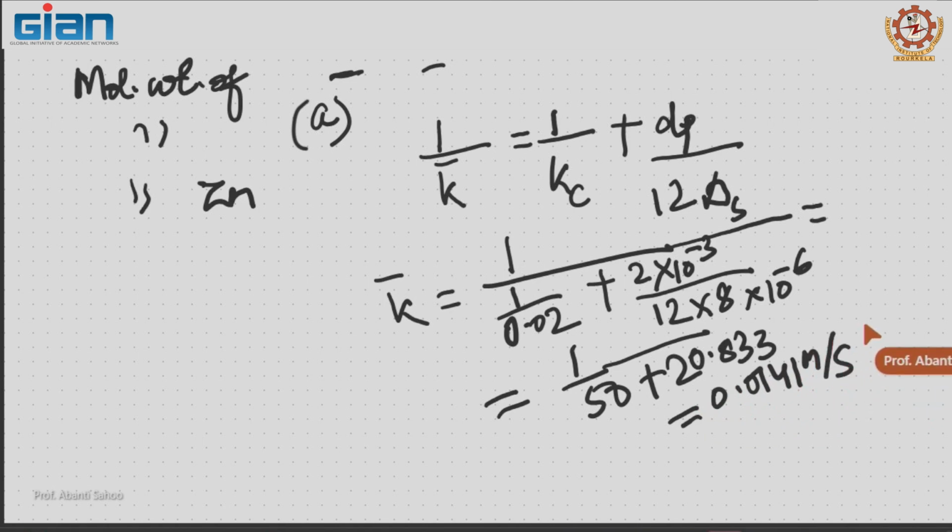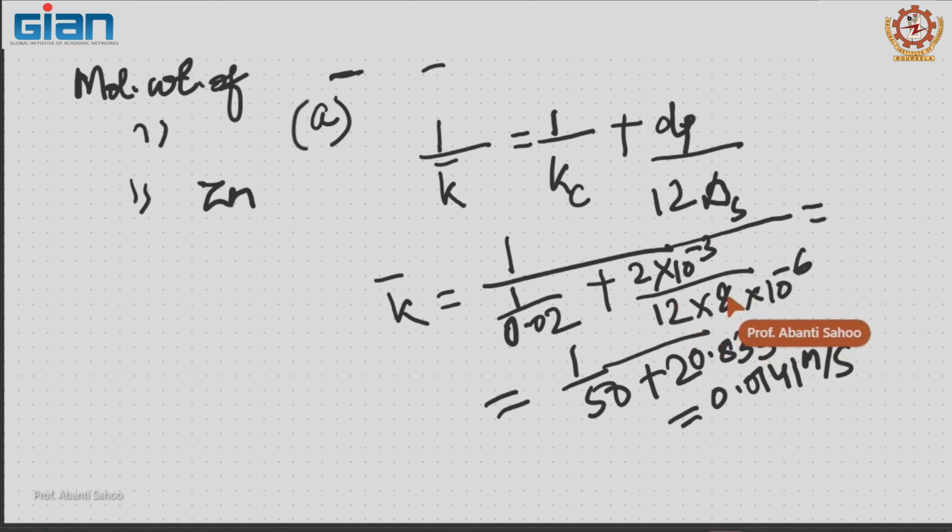Now, the overall reaction rate we got is 0.0141 meter per second. Now, there is resistance to diffusion through the product layer, because the second term in the denominator contains the diffusivity, and it is a 1 upon term.